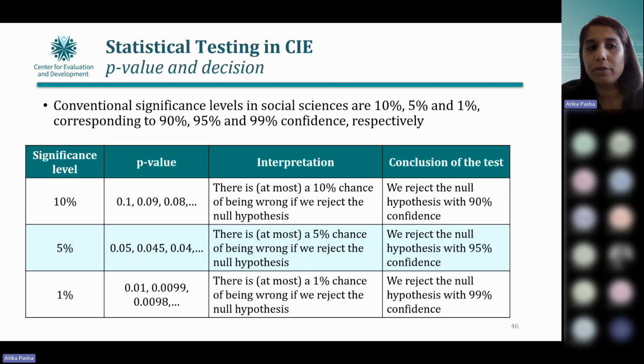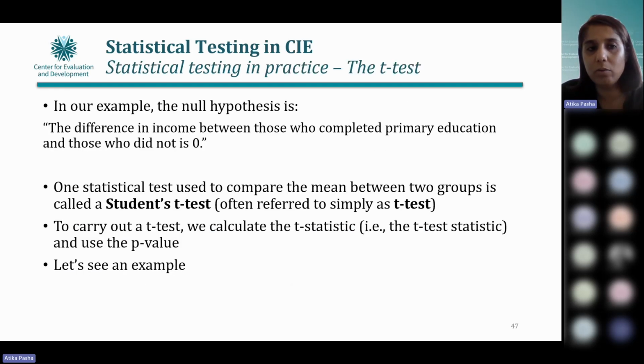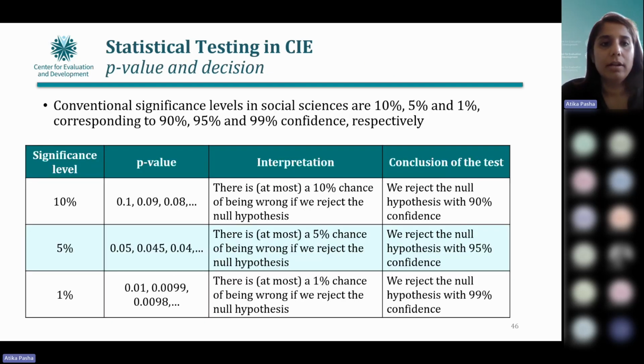If you multiply 0.09, you get 9%. All you have to do to interpret the p-value is to multiply it by 100, and then you can see the significance level, meaning we are this percent wrong at rejecting the null hypothesis.